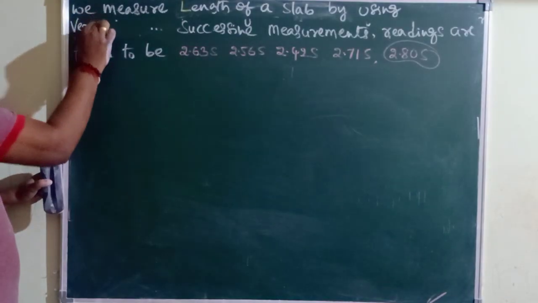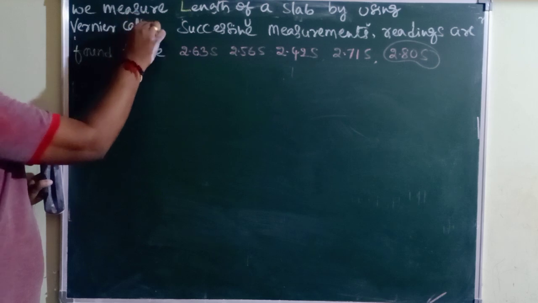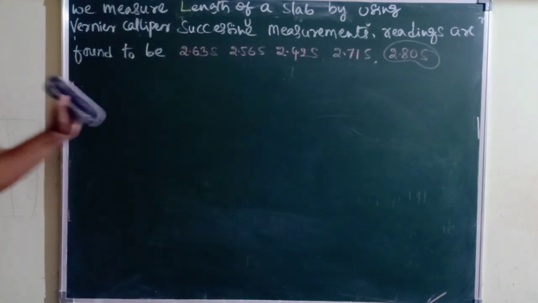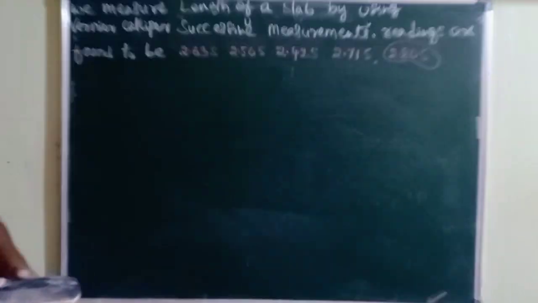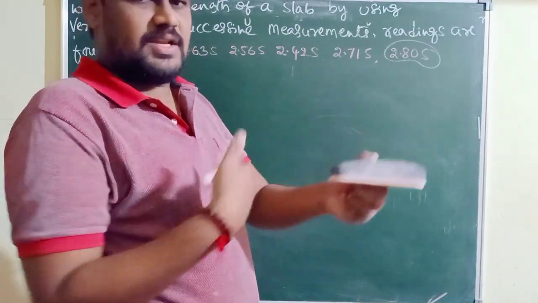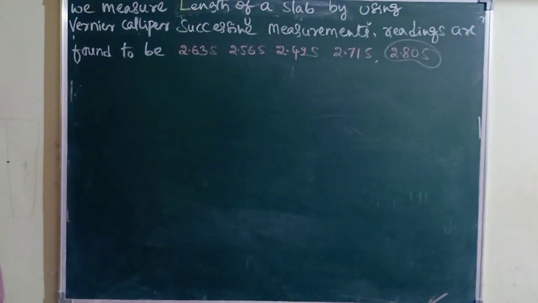This vernier caliper is used to measure the length of a given slab or block, maybe like a duster. A duster is also considered a slab.